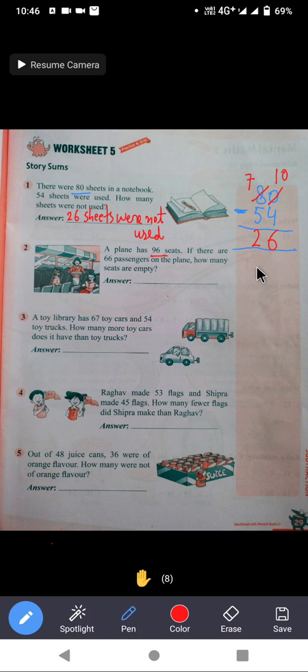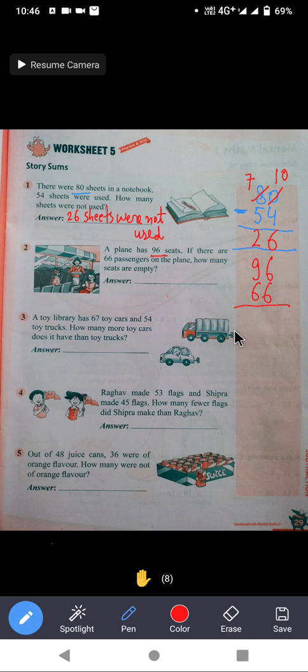So total seats are 96 here, and passengers are sitting on 66 seats. So how many seats are empty? On how many seats are passengers not there?